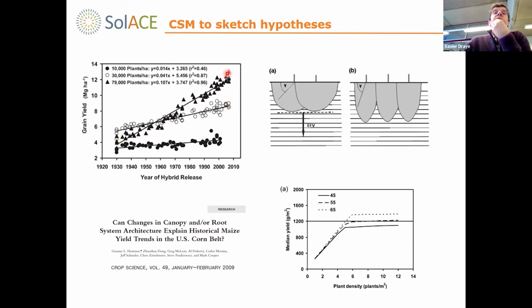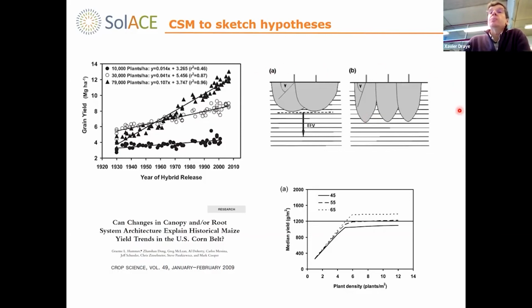So one explanation, one hypothesis, was that over this time of selection, without knowing, the breeders have changed the root system architecture from a system that is less deep and more shallow to a system that is more deep and less shallow. And this allows farmers to grow the crop at a higher density without too much overlap between the root systems, and also exploring deeper soil layers.